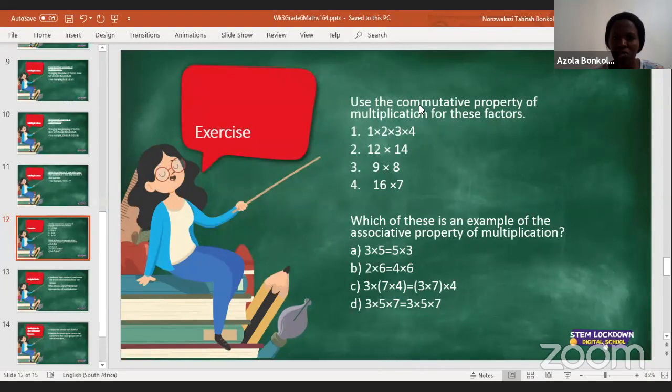I want us to try when we have 4 digits. How are we going to do the commutative multiplication? It's the commutative property of multiplication. And we must remember, it's not the associative property, it's the commutative property. So we're still able to work around, even though it's 4 digits.